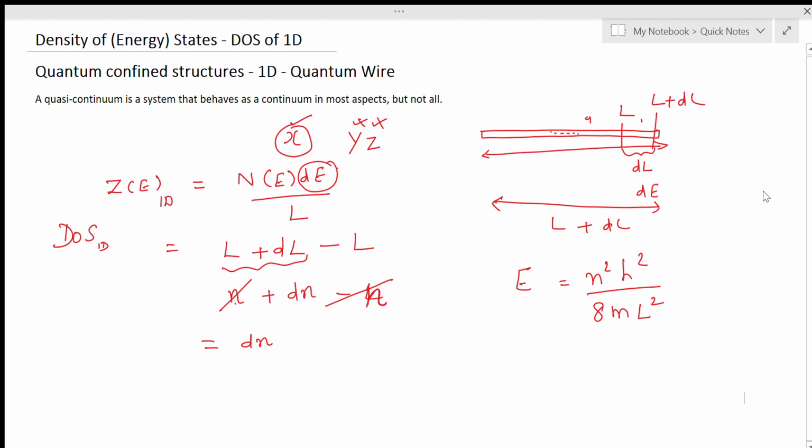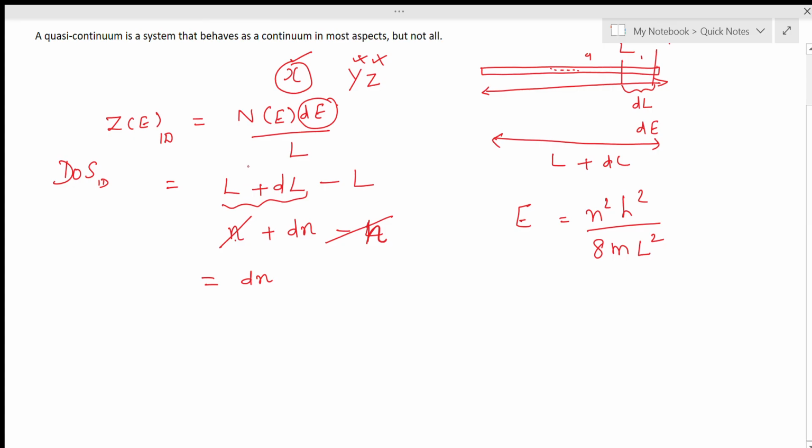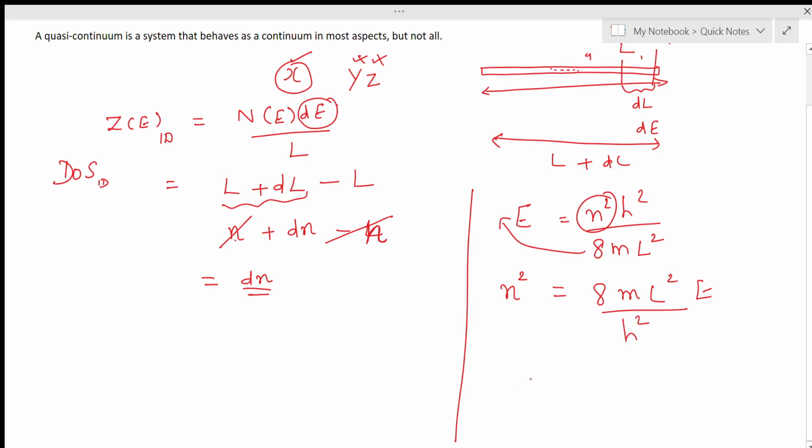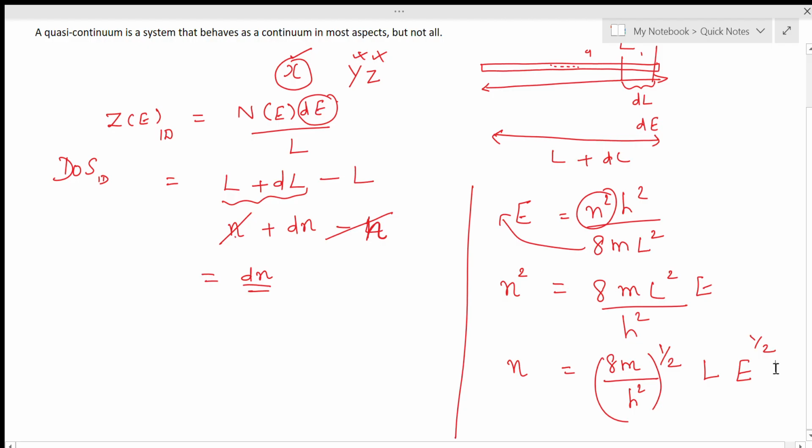Now dn has to be taken. So n square is taken aside and the remaining parameters are taken on the other side. Therefore, n is equal to, taking the square root, 8m by h square, the whole power half, L square becomes L and E with power half, because we need dn.